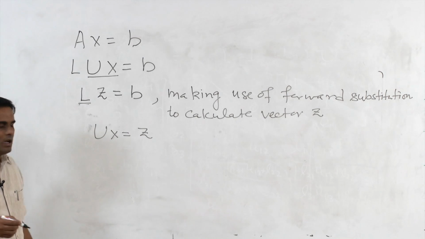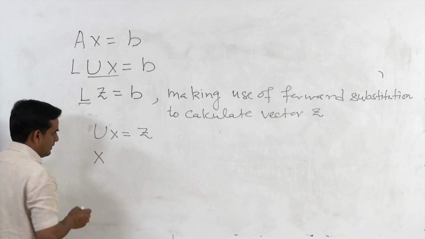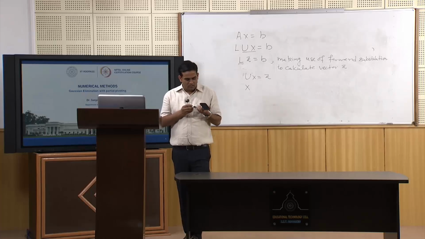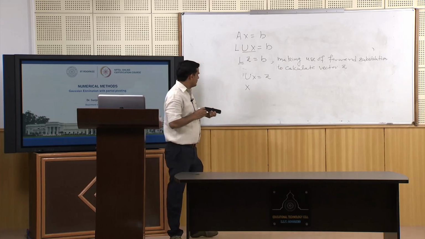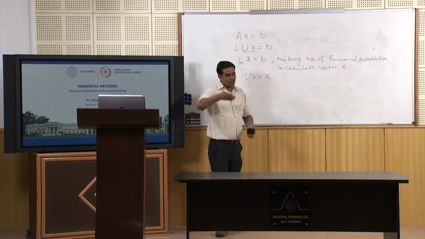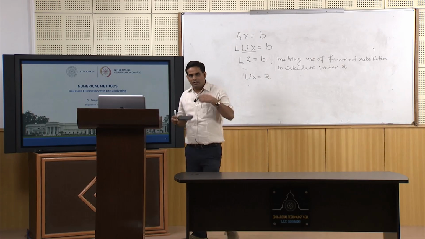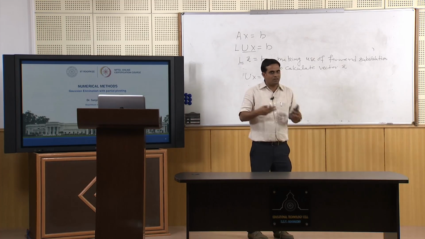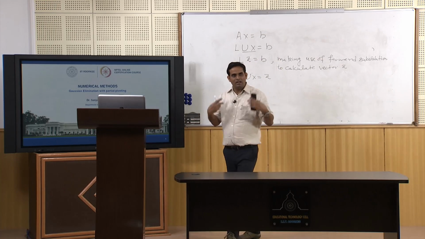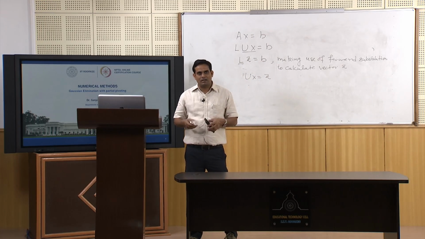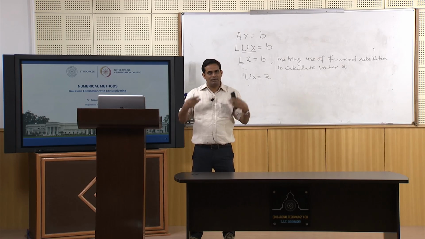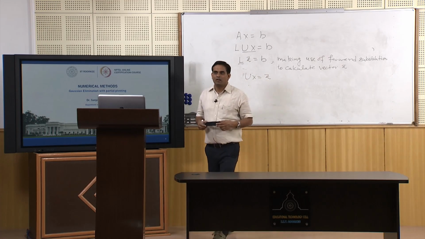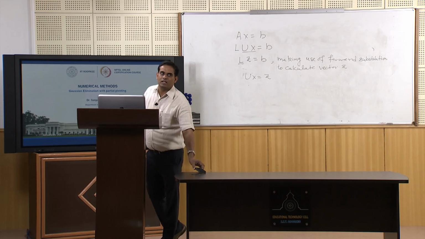By this step I can find out the values of x by making use of back substitution as we have done in Gaussian elimination. So, from the last equation I will get the value of xn, I will substitute the value of xn in penultimate equation, from there I will get the value of xn minus 1 and so on. Finally, substituting the value of xn, xn minus 1 up to x2, from the first equation I will get the value of x1, and this method is called Kraut's method for solving the linear system of equations.